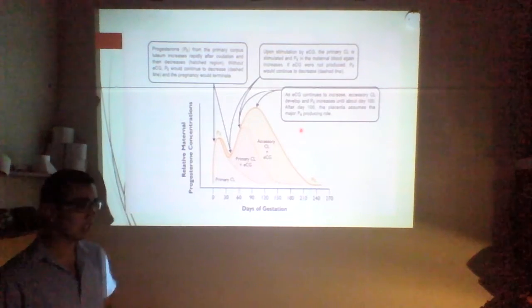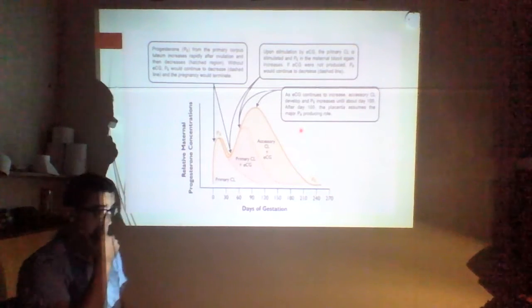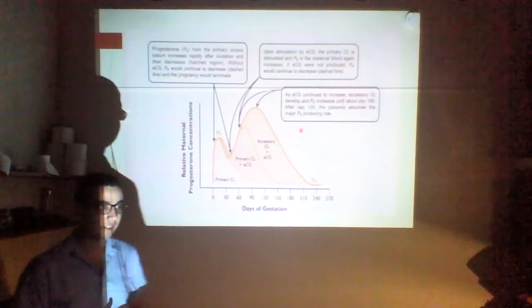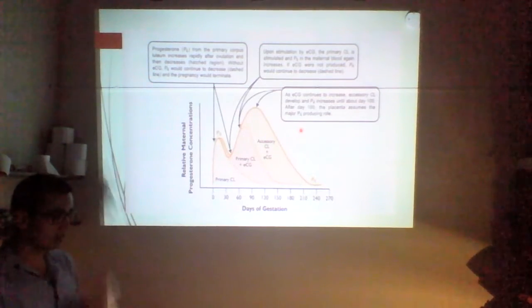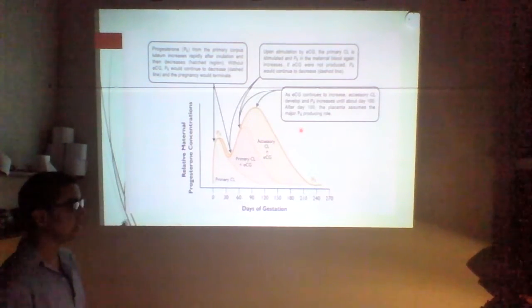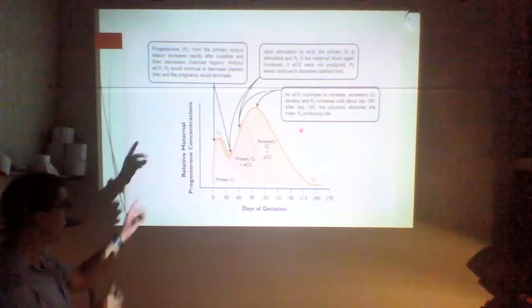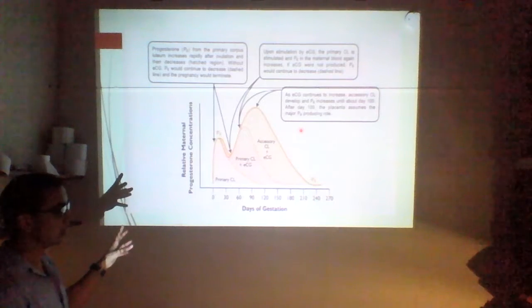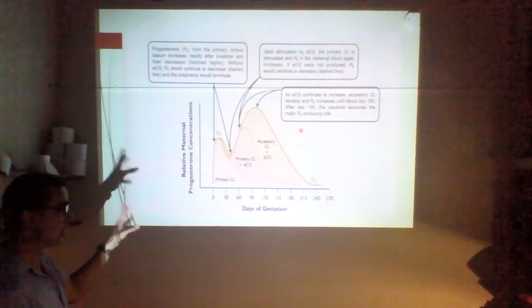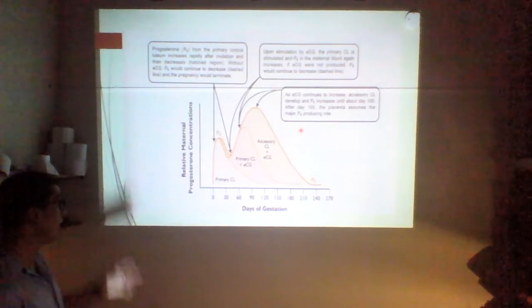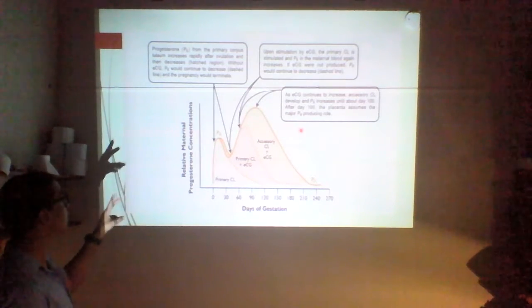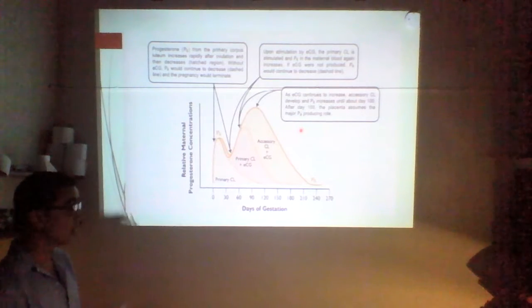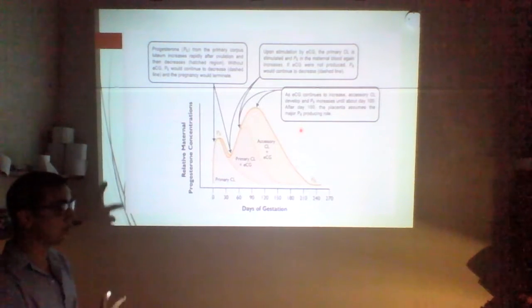Like my partner said, progesterone is the hormone that maintains the pregnancy. So the luteal body is producing progesterone, but it's not enough progesterone to keep the whole pregnancy.